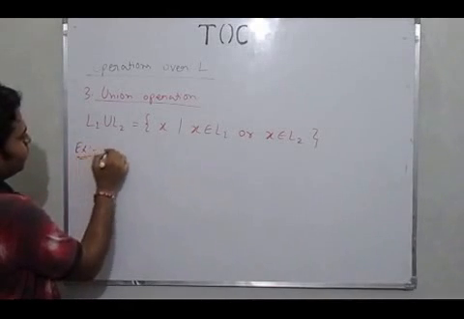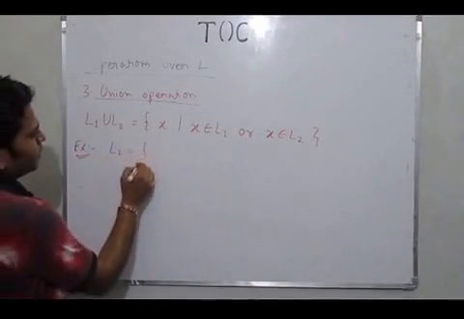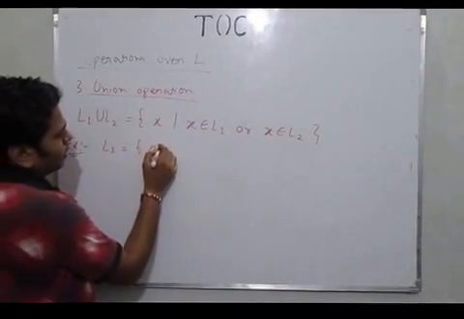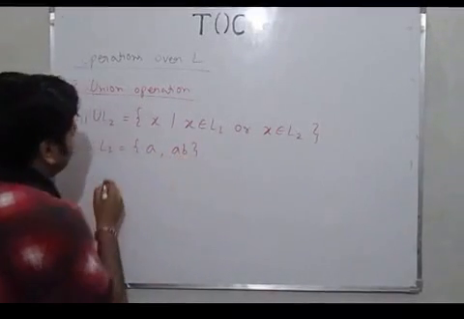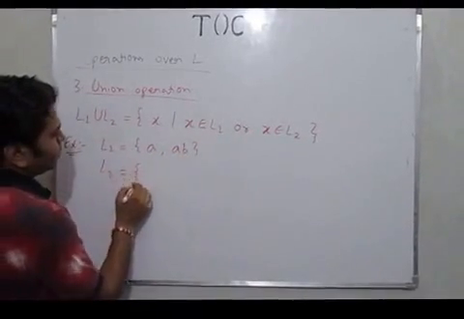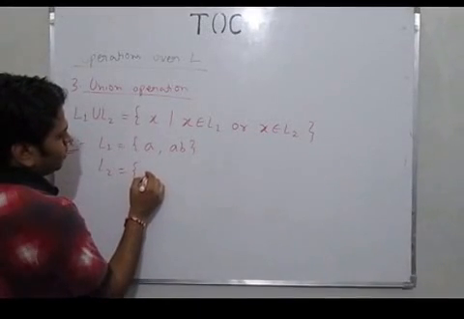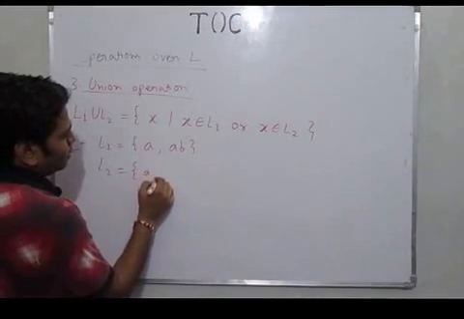We can have L1 as A, B, and we have another example as AB.